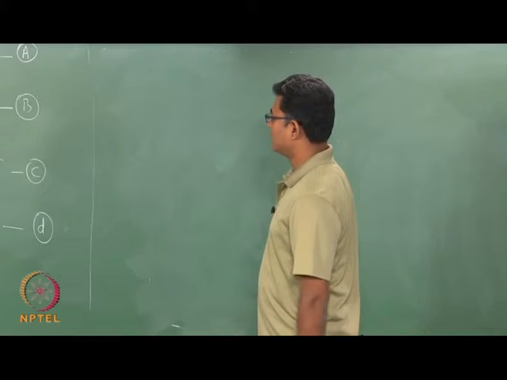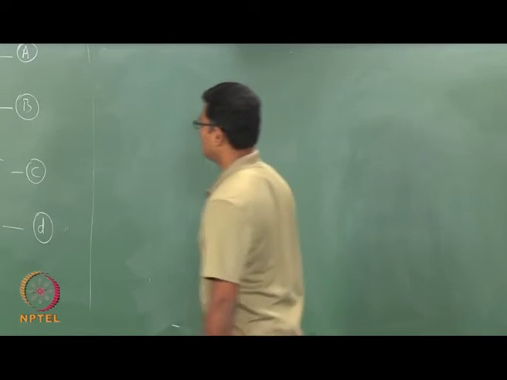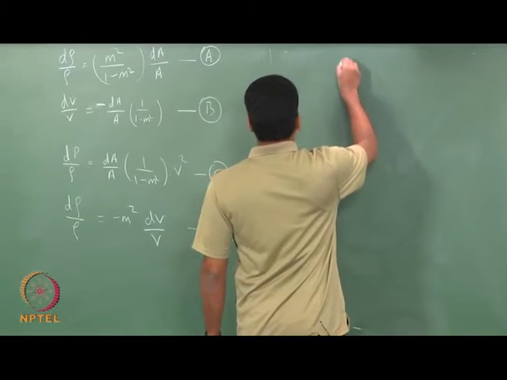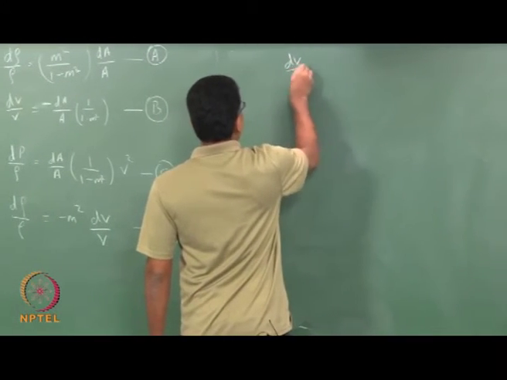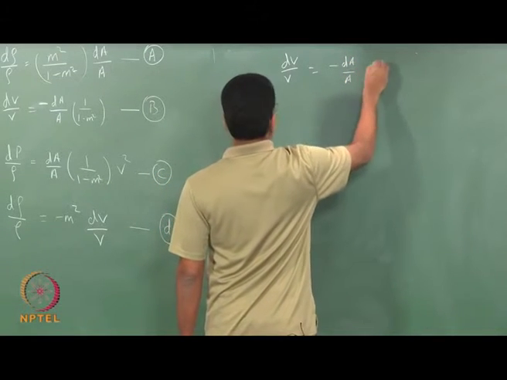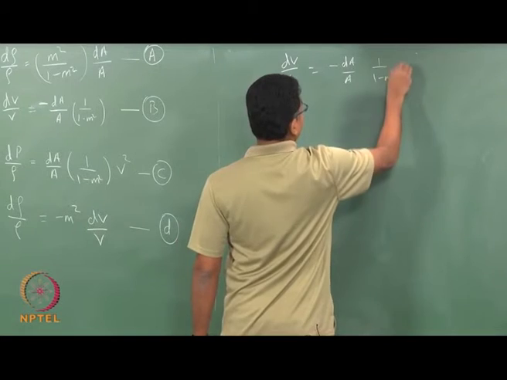So, let us take first the equation B. dV by V equals minus dA by A into 1 minus m square.